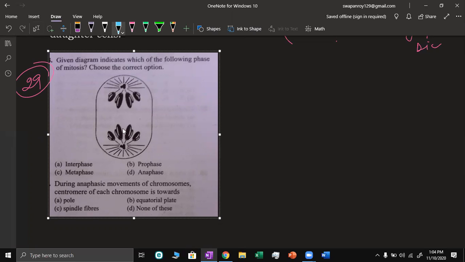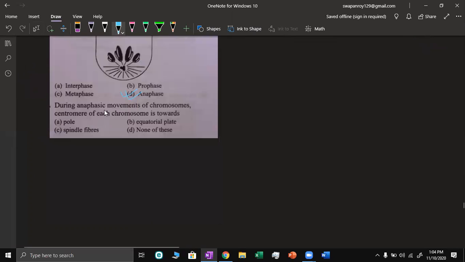It is the movement of the chromosomes to the opposite poles, and they are reaching the poles. Another question: during anaphasic movement of chromosome, the centromere of each chromosome is towards which side? See, this is the chromatid. The centromere is here because the spindle fiber is pulling. So the centromere is towards the pole.